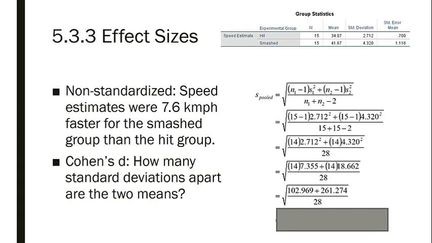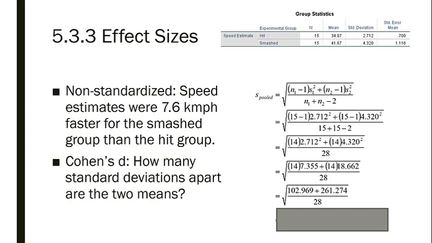And then the denominator is our total degrees of freedom. So we've got 15 minus 1 times the standard deviation for sample 1, and then we have to square it because we're looking at variances, plus 15 minus 1, sample size for sample 2, they're both 15s, times the variance for sample 2, so we've got to square that standard deviation.